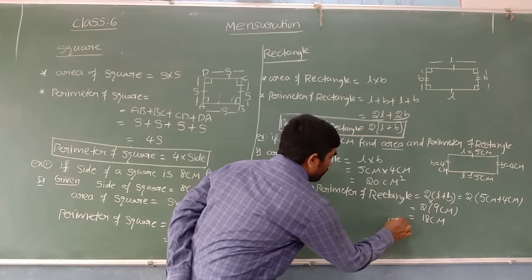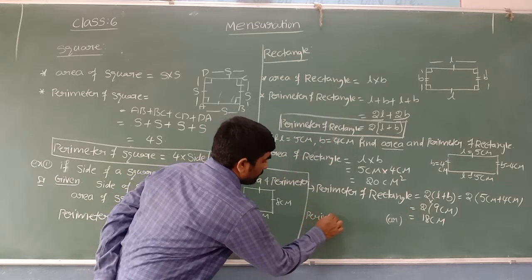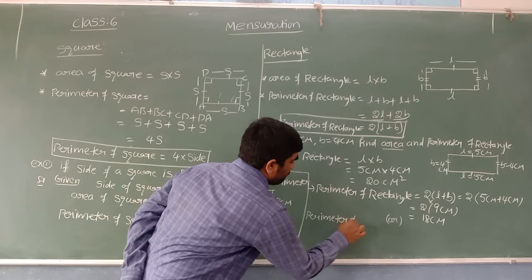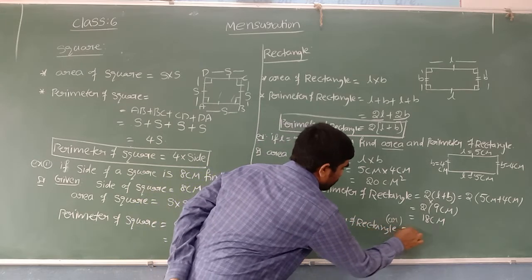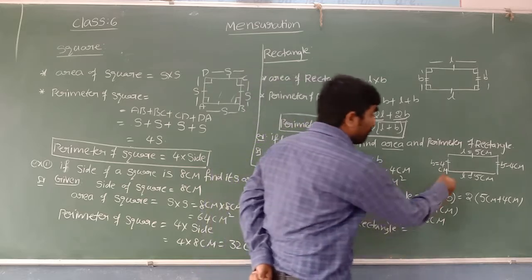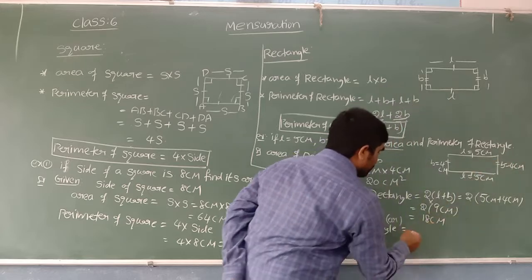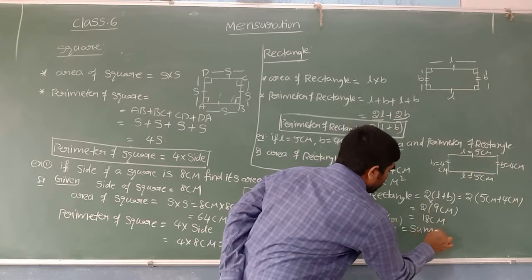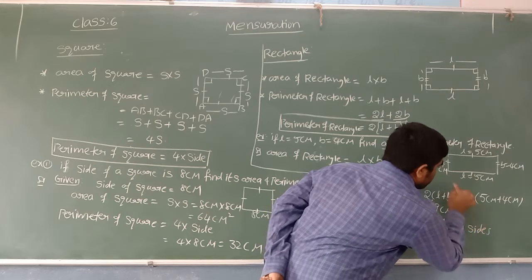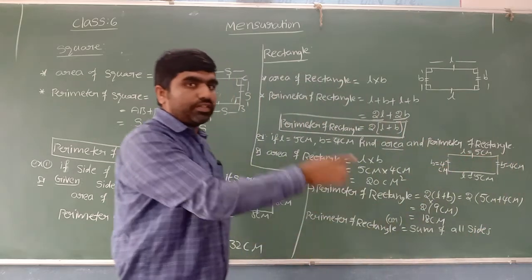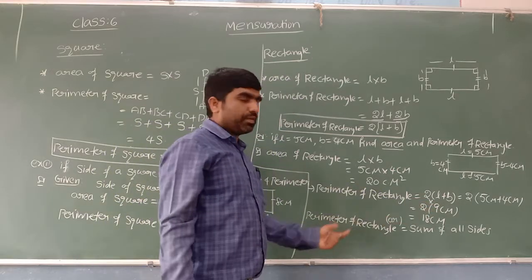You can find this perimeter another way too. Let me do it like this. Perimeter of rectangle. I said perimeter is nothing but the total length of the boundary. You can do it like the sum of all sides. By adding all the boundaries, we get the perimeter.